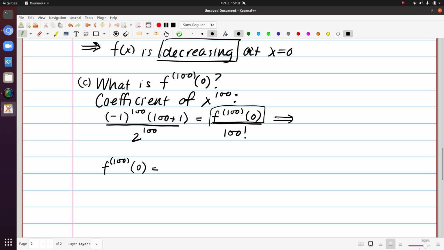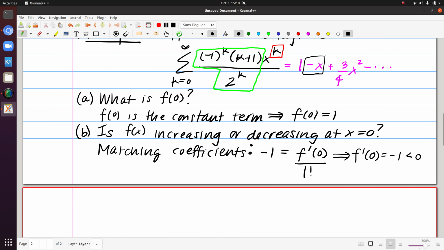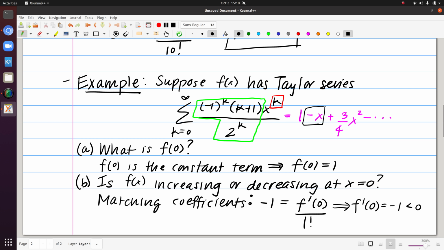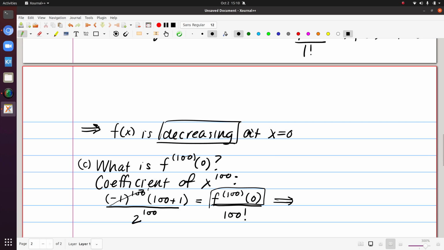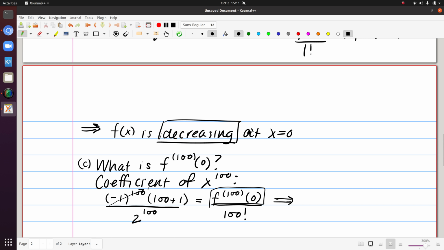And I'll point out a few things. -1 to the 100th, that's just going to be 1. And so I have here my 101 over 2 to the 100, but I'm going to multiply by the 100 factorial. So in fact, if I wanted to simplify this, this is 101 factorial divided by 2 to the 100. So I don't even know what the function f of x is here, but simply having complete information about its Taylor series centered at 0 would allow me to find any derivative of that function evaluated at 0.